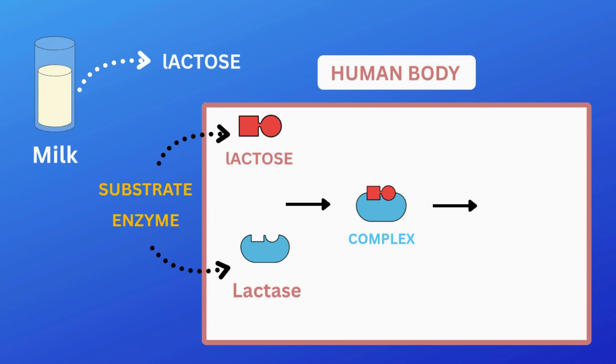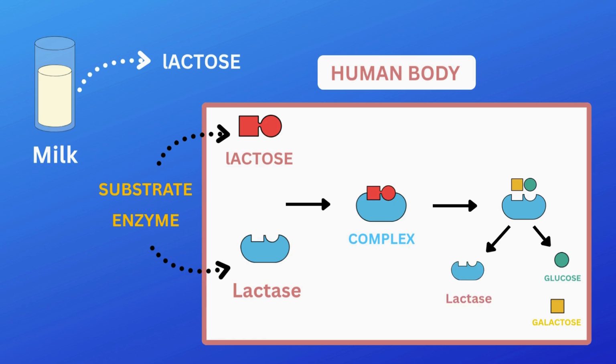Then lactase does its work, which is the breakdown of lactose into products like glucose and galactose. Later, they leave the active site and a new molecule of lactose binds with the enzyme lactase. This is how the normal enzyme process happens inside our body.